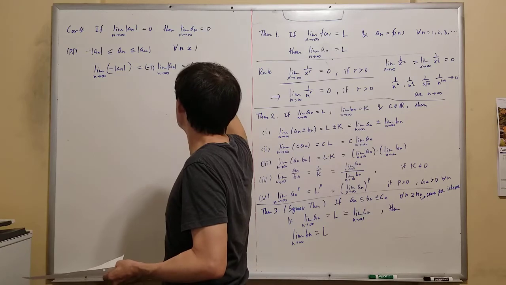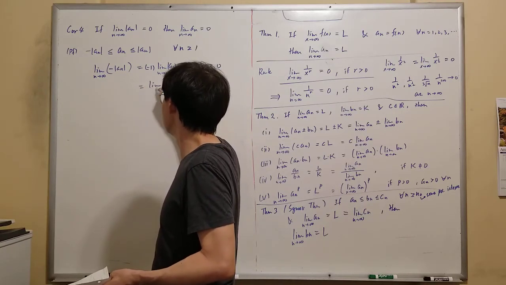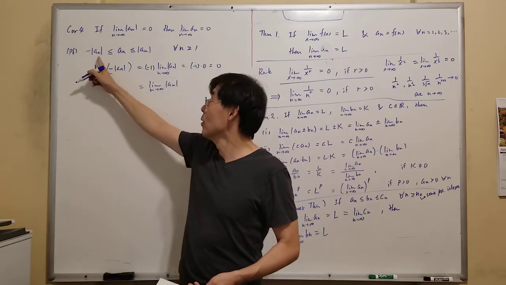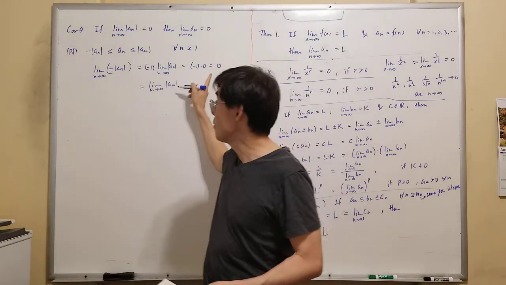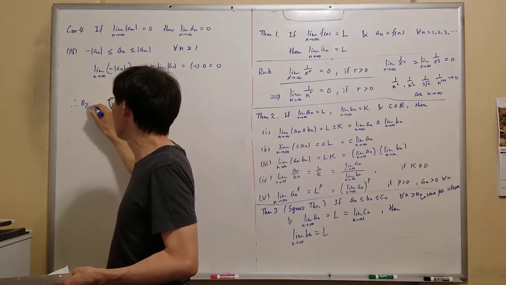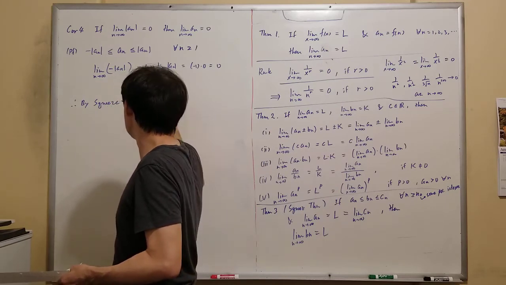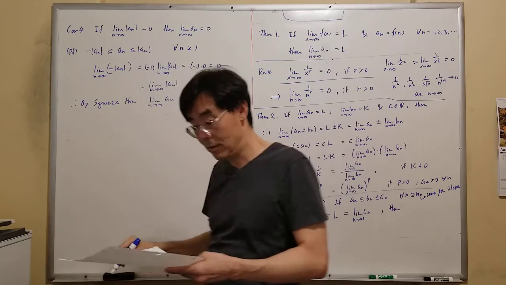Suppose this is 0, and obviously, that is the same as this. So the lower sequence approaches 0, and the upper sequence approaches the same value 0. Therefore, by the squeeze theorem, the middle sequence a_n must be converging to the same value 0.